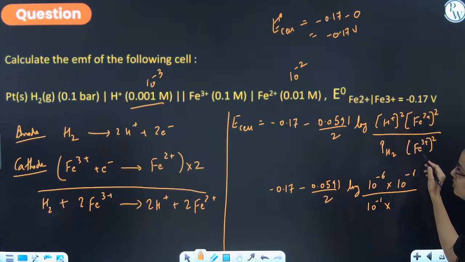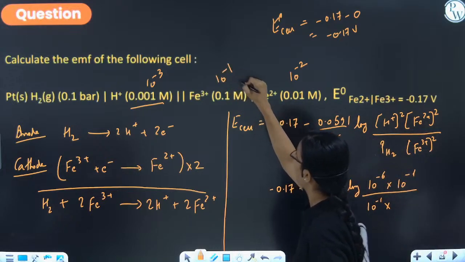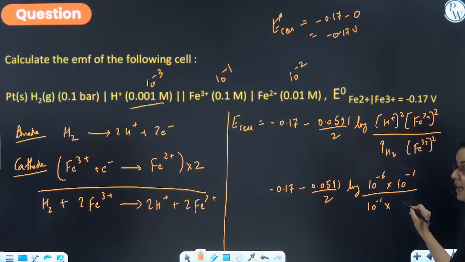Fe3 plus square है 10 to the power minus 2.